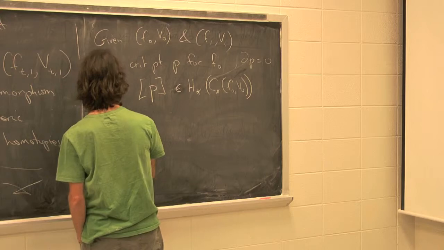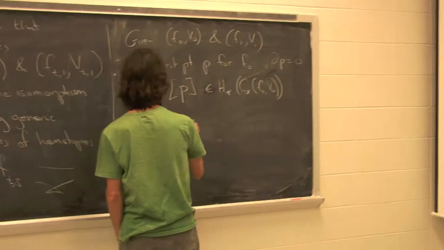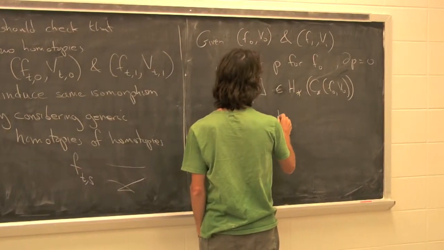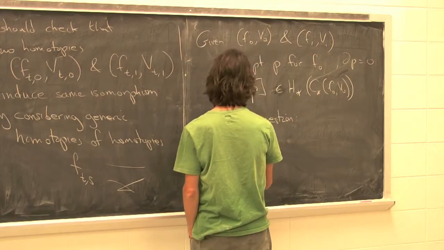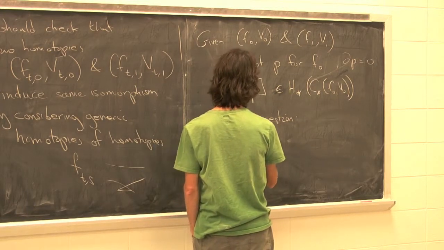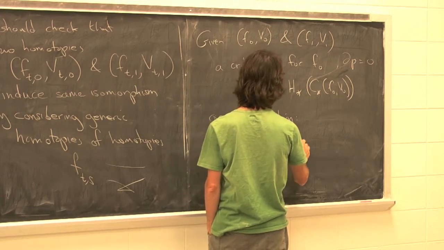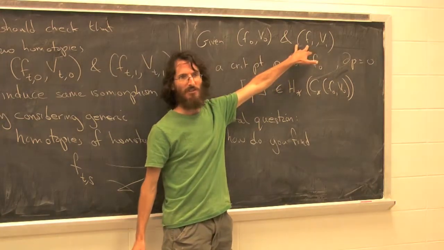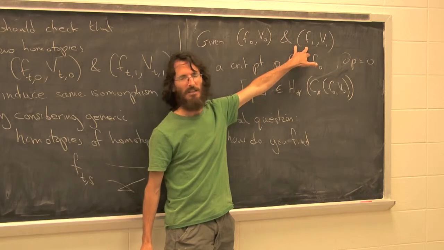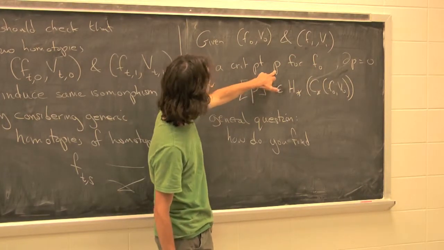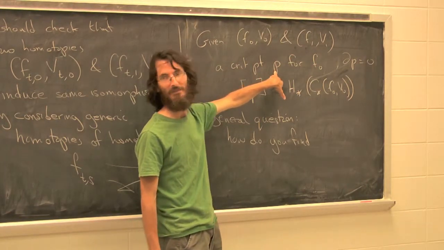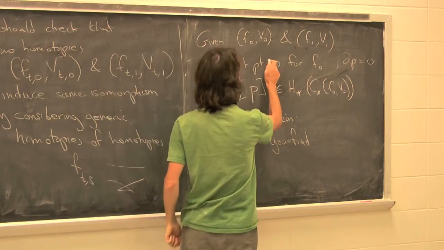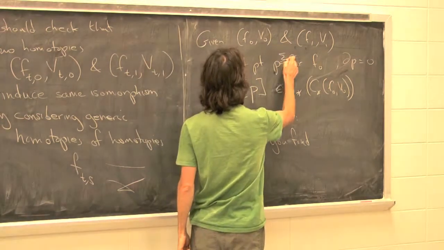This is just a general question. How do you find the corresponding linear combination of critical points for F1, V1? Of course, I just did a single critical point; maybe P equals the sum of others.